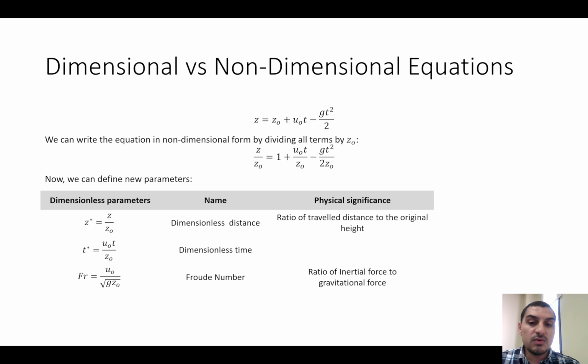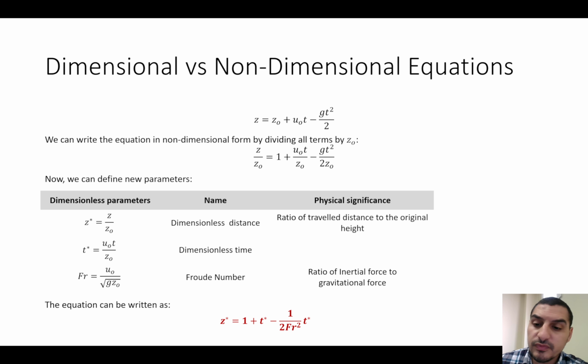So now we can write the equation in terms of these dimensionless parameters, and it's going to be z star equals 1 plus t star minus 1 over 2 Froude square times t star square. Okay, so this is the equation that we have right now.